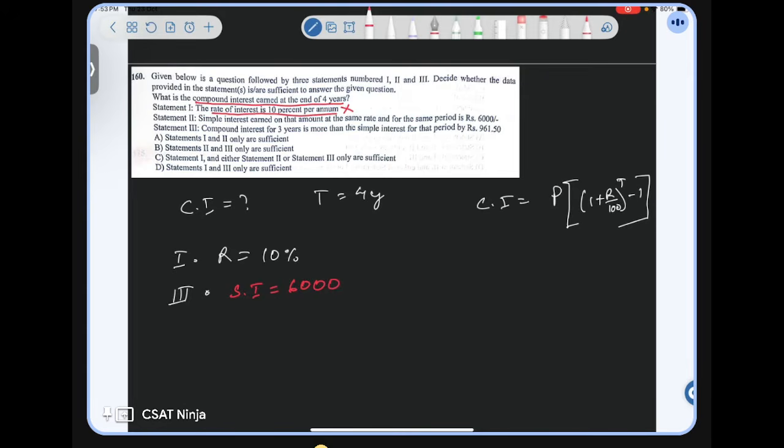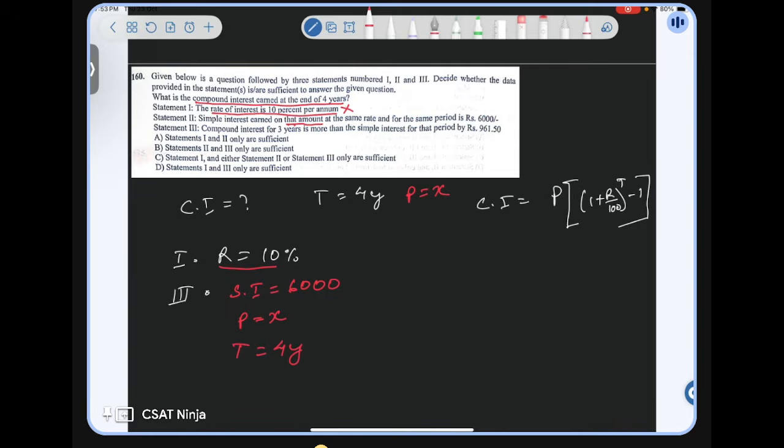Simple interest earned on that amount. That means if the principal here is X, the principal here is also X, at the same rate of interest. But I'm not combining the two statements, statement number 1 and 2 together, because I'm checking each statement separately. But the time here is given as how much? The time here is given as 4 years.